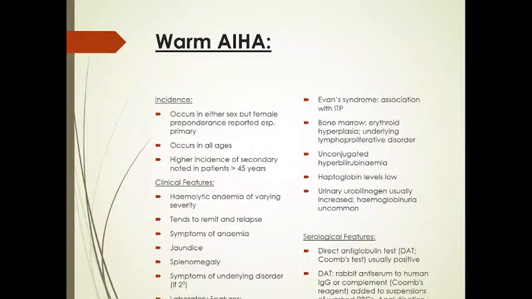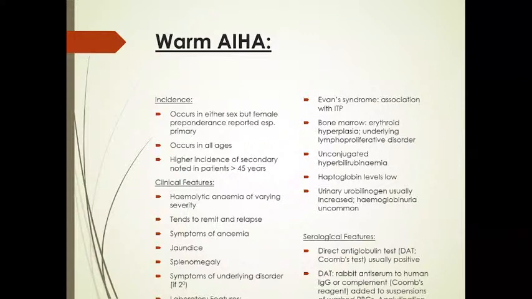And then, of course, for your LFTs, you will get your unconjugated bilirubin increased. Haptoglobin levels are usually low. You can get your urinary urobilinogen increased. Hemoglobinuria in this case is uncommon.